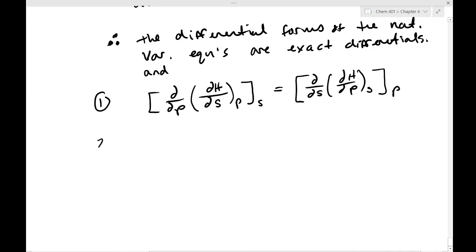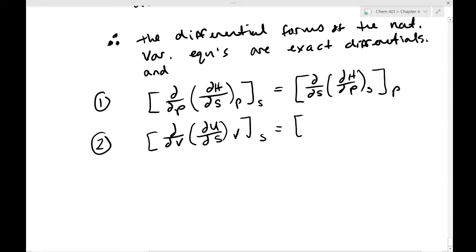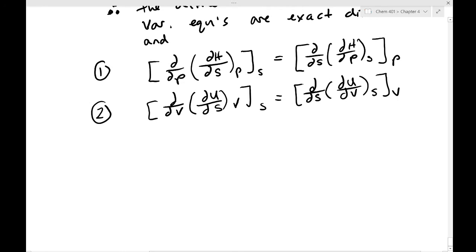Now for the second, the change with respect to volume of the change in U with respect to entropy at constant volume at constant entropy is equal to the change with respect to entropy of the change in U with respect to volume at constant entropy at constant volume. Okay, so that's enthalpy and total internal energy.